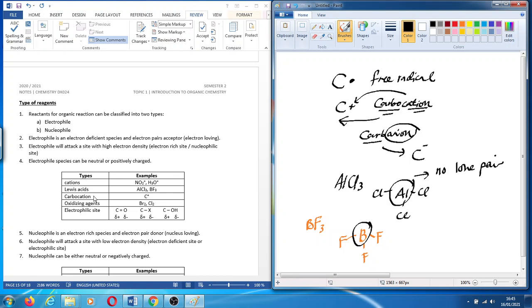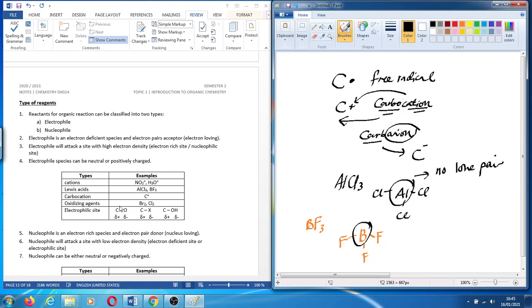And then the third example is carbocation and oxidizing agents such as Br2, Cl2, and any electrophilic site. C double bond O, this has less electron. Why? Because O is more electronegative.